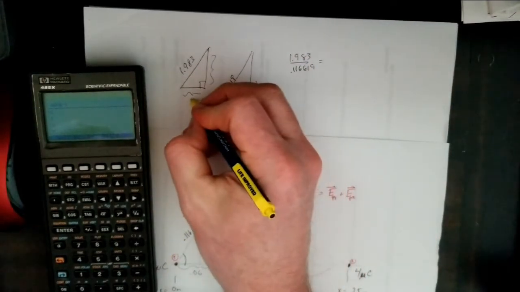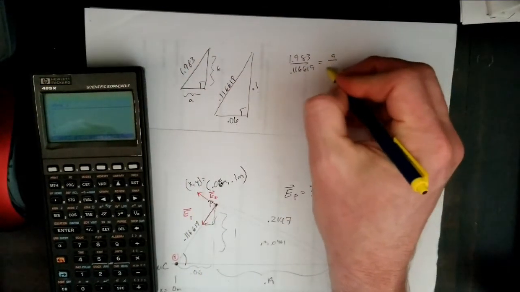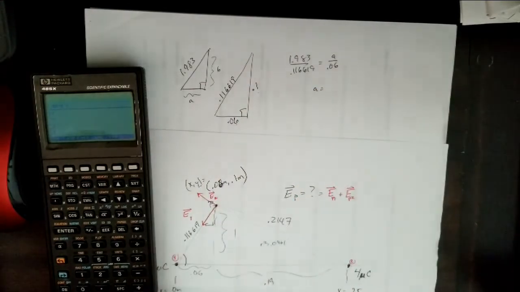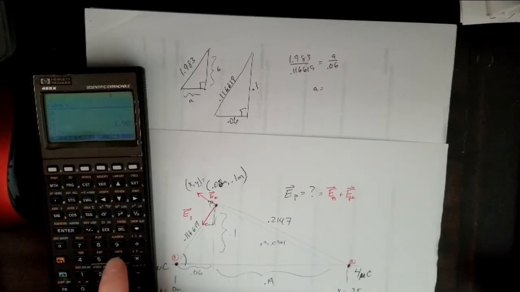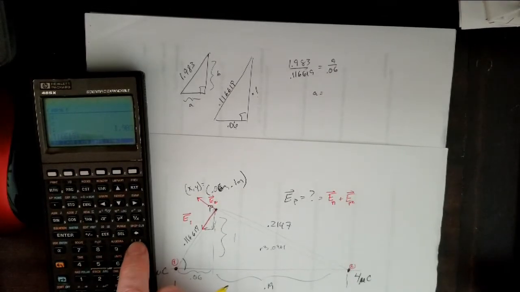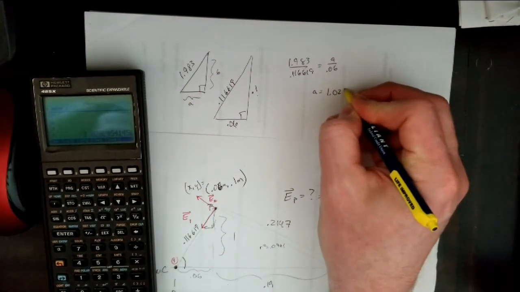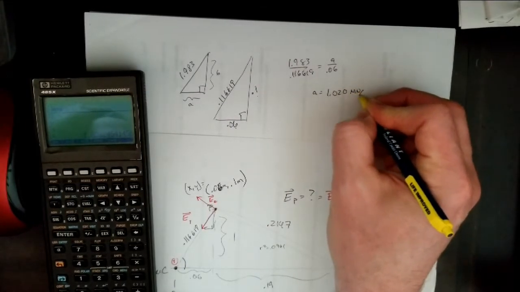I'll call this A and B. So that is that as A is to 0.06. So if I do that division times 0.06, I get A. So 1.983 over 0.116619 times 0.06, and A is 1.020 meganewtons per coulomb.